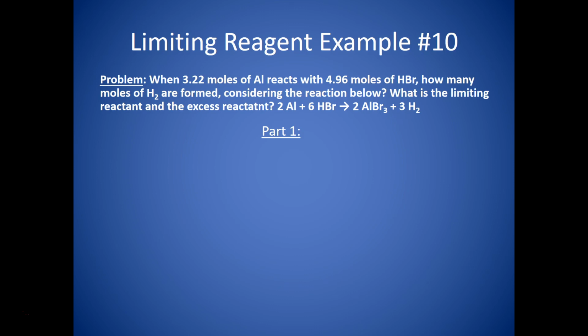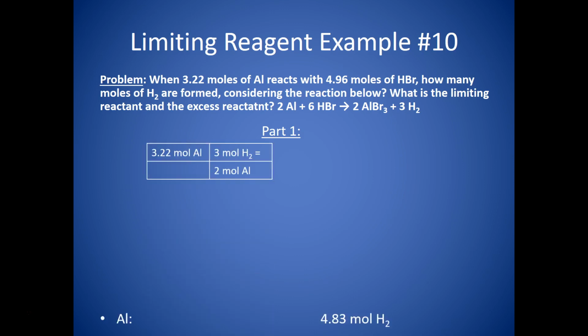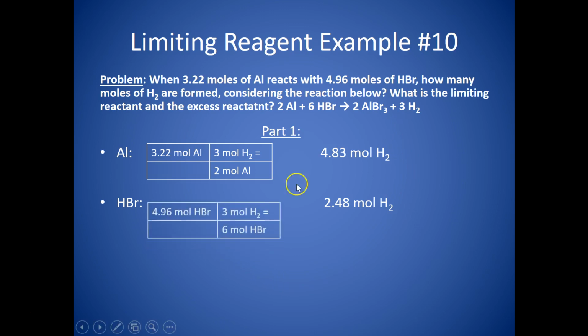All right, so at first we had to solve for both parts of our formula. They were a little shorter this time because we were already given the information in moles. So for aluminum, we had 3.22 moles of aluminum, and then we only had to use our mole ratio, 2 moles of aluminum to 3 moles hydrogen, to get an answer of 4.83 moles of hydrogen. Then we're going to do it with HBr.